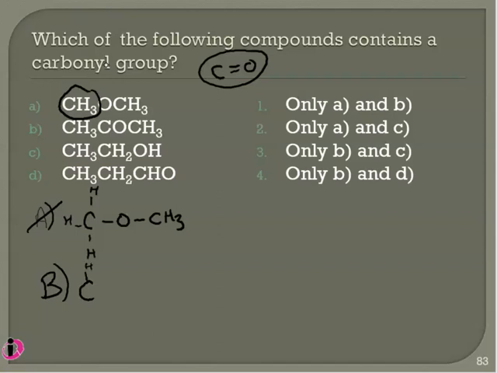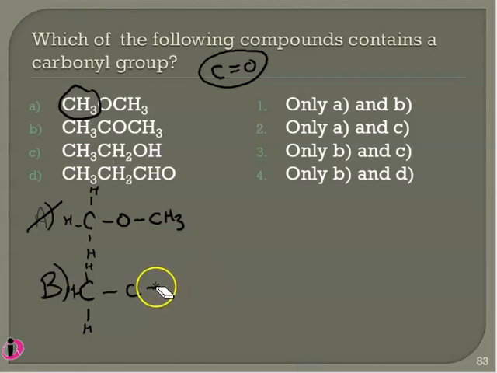Let's look at B. CH3 group again, and then we have a carbon. Now there's this oxygen. If I drew this out and made an oxygen bond and then another carbon bond, we don't have any hydrogens attached here. As you can see, this carbon has no hydrogens in front of it. That means we're not going to have enough bonds if we don't do something different. So let me erase this.